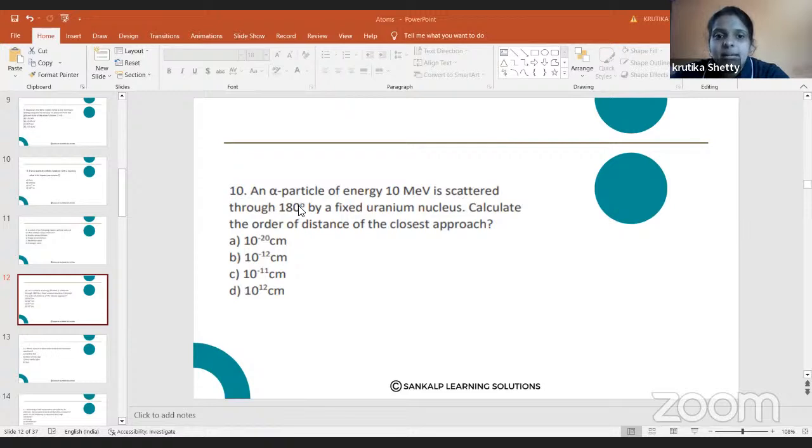It is scattering through an angle of 180 degree by a fixed uranium nucleus. Calculate the order of distance of closest approach. They are asking for the distance of closest approach, that is nothing but the r value. Option B, yes. Yes, Harshi, that is right. Option B is correct. So let us see how to calculate.